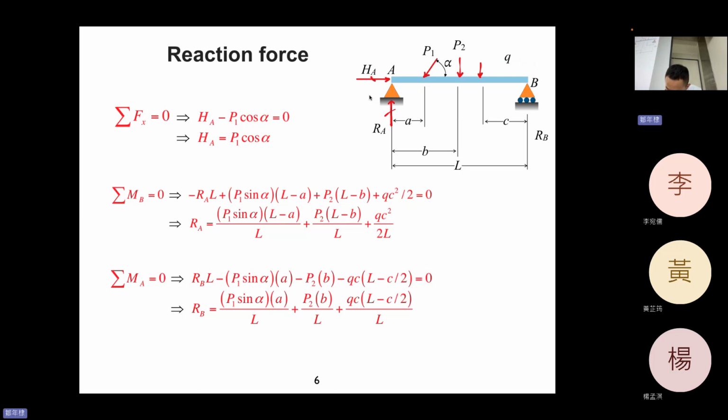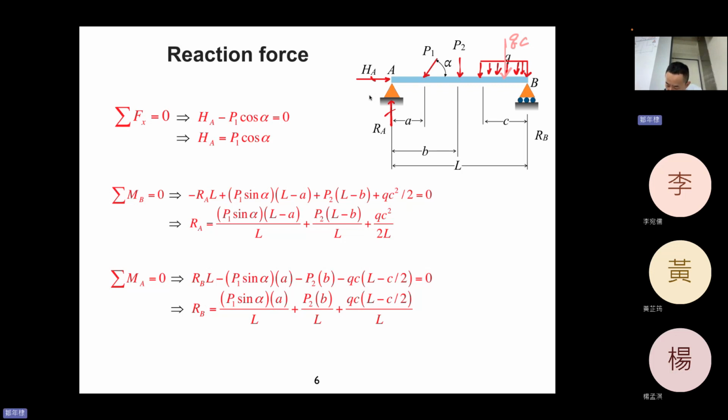This is the distributed load Q. Okay, and then we can have a QC, all right, as an effective load.